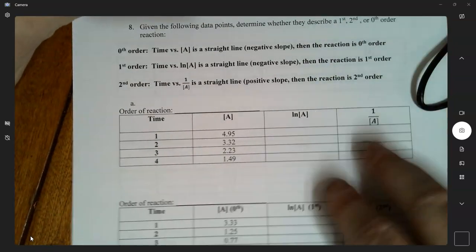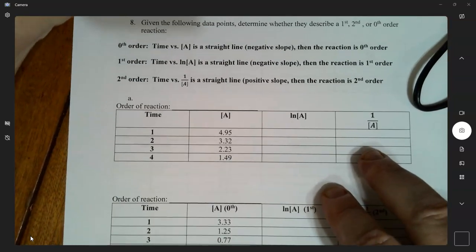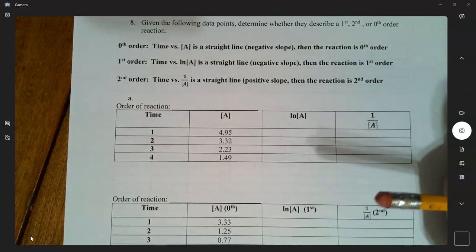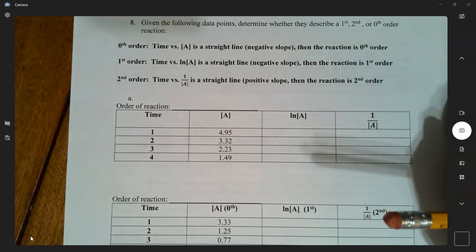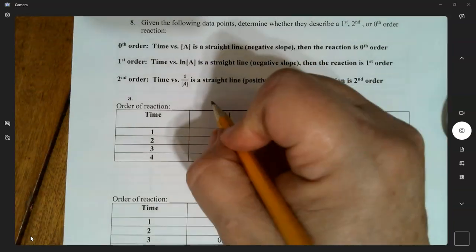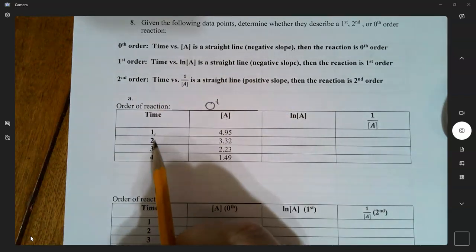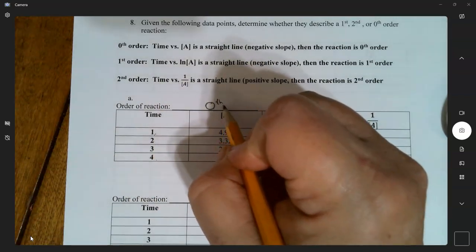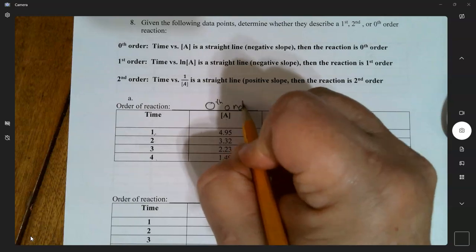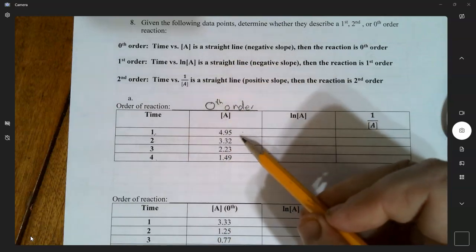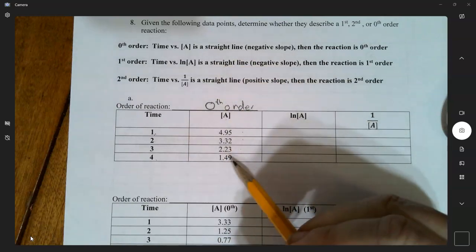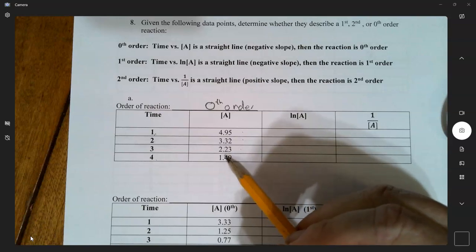Now, I gave you a series of these to determine, based on the graph, whether this was zeroth order. So if it's just straight up, notice you have even time intervals. So is this zeroth order? That is, if these form a straight line, and we'll talk about that in a second, then it's zeroth order.